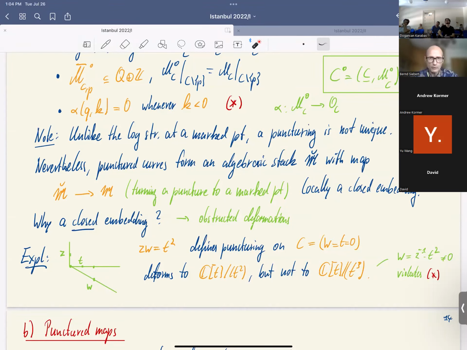While if it was a marked point, there's no such obstruction, you can just continue. Maybe a slightly subtle or technical point, but it's just trying to explain why we do have obstructed deformations of punctured curves. That is kind of worrisome from the log Gromov-Witten perspective, where you are used to working over a smooth stack.